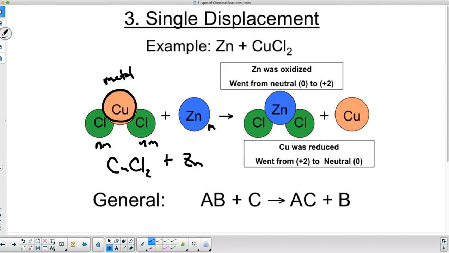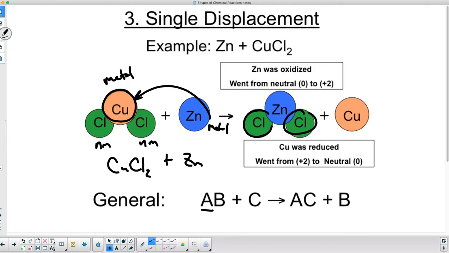Zinc is a metal. Because zinc is a metal, zinc is going to kick out the copper and replace it. So now notice that zinc is now the one that's mixed with chlorine, like this, and then copper's by itself. That's a single replacement or a single displacement reaction.